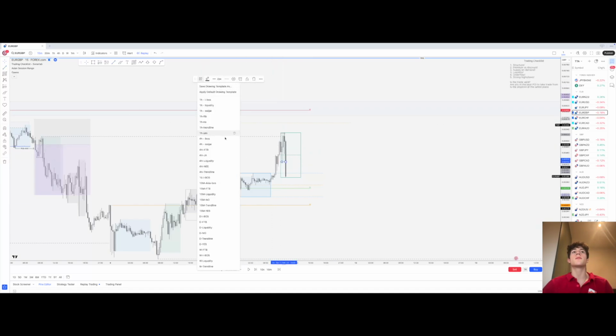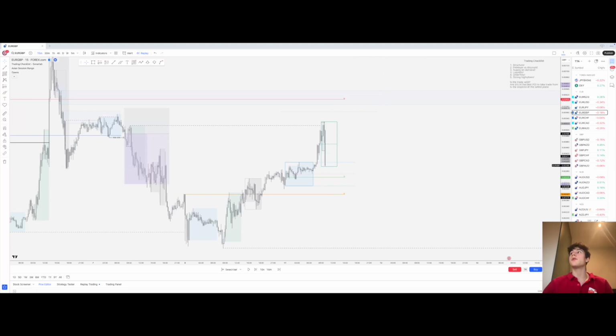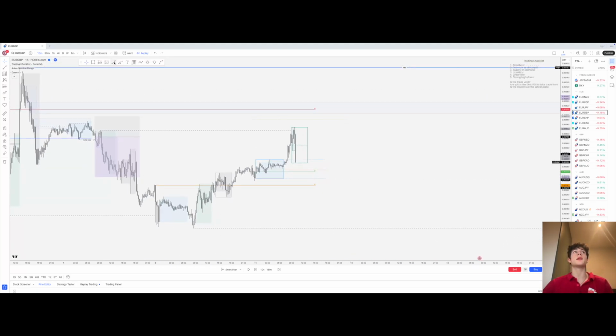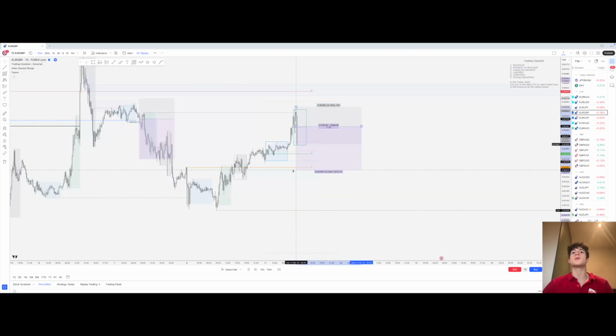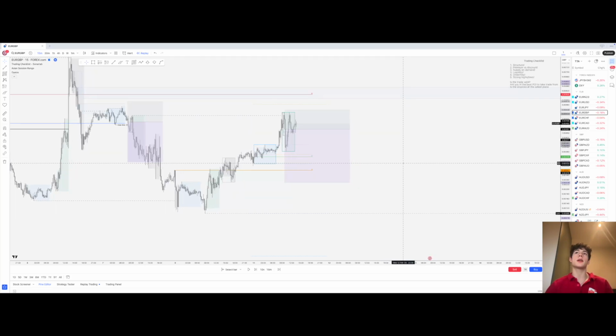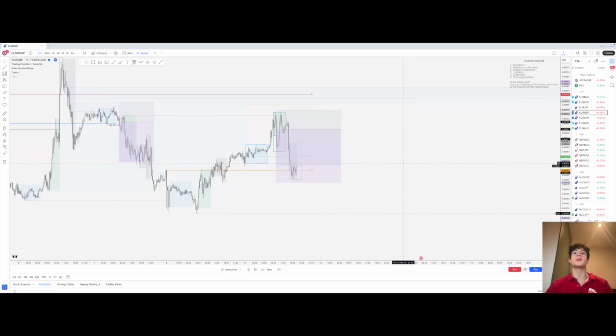Okay, so that became our fractal low, and then I know that price is ready to go short, and then I can place my entry on top of this supply zone with my stop loss above the high, and then just trade down lower, right? So let's see, we get entered and then price moves down lower.